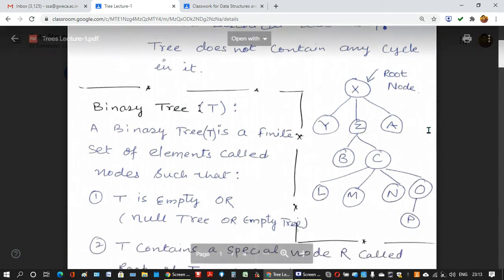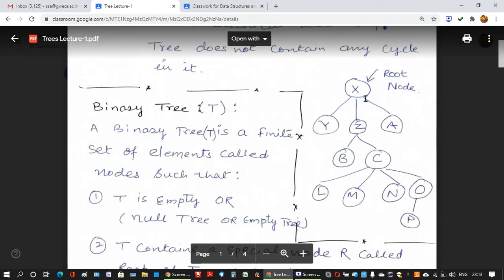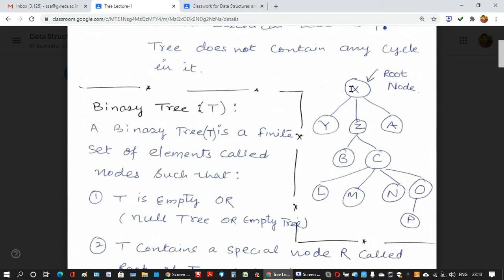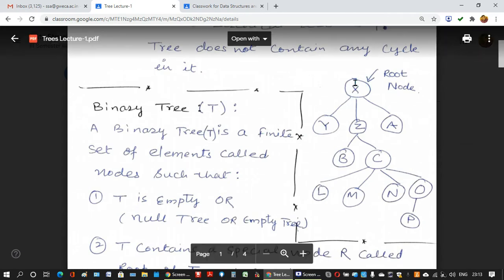So here you can see a general tree, where some x is there. So we will identify one node as root node. See, in tree, unless you identify a root node, you don't identify the tree. When I say this, it means if x is root, then this is a different tree, and if in the same diagram c is root, then this is a different tree.